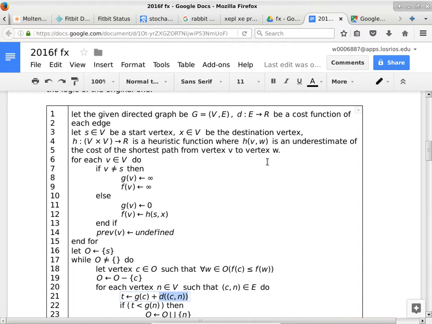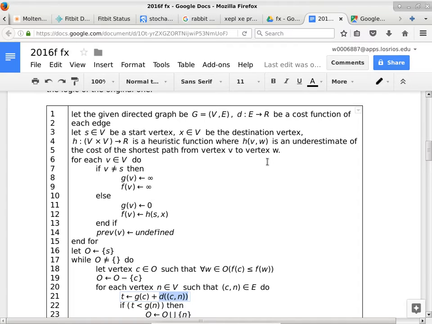G of C is telling us that the current known shortest path to go from the start vertex to C is going to cost us G of C. That's what G of C is representing.